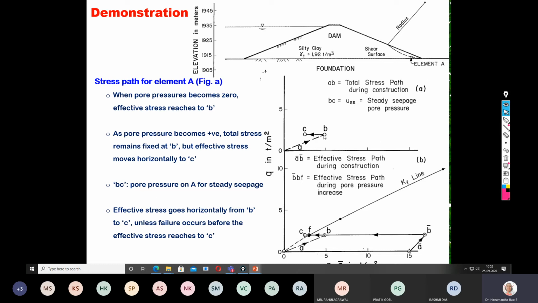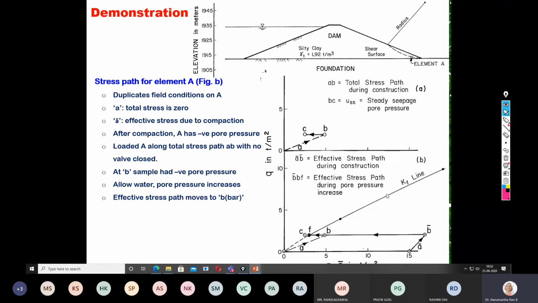So the magnitude from B to C will become the steady state seepage pore water pressure on the element. So the effective stress goes horizontally from B to C, unless the failure occurs before the effective stress reaches 0. As you can see here, the point reaches the failure plane, that is the KF line.